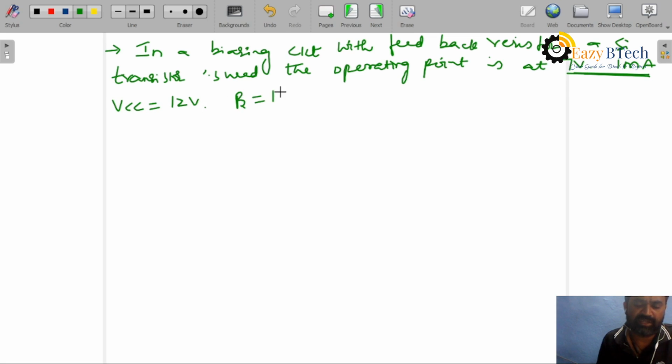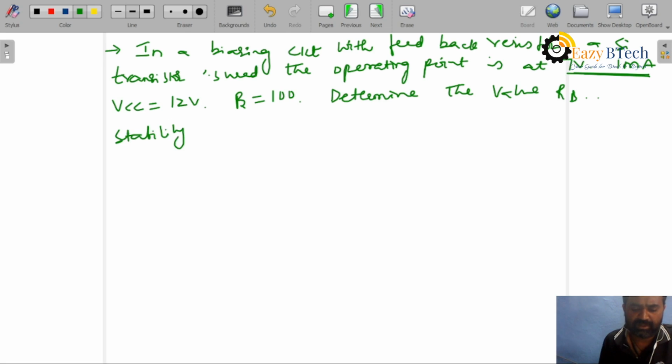Assume beta is 100. Determine the value of RB. Next, the second one is the stability factor. This has been asked in the question.